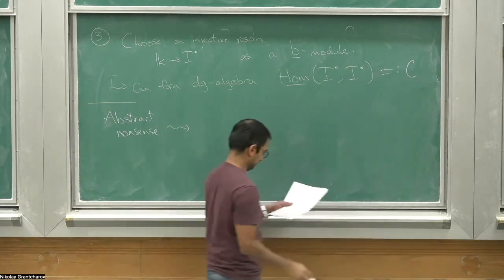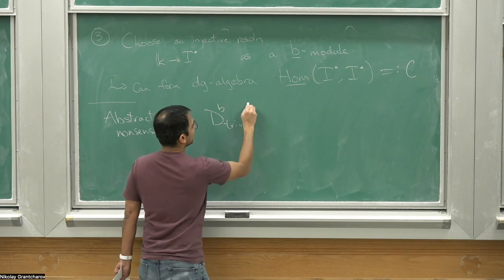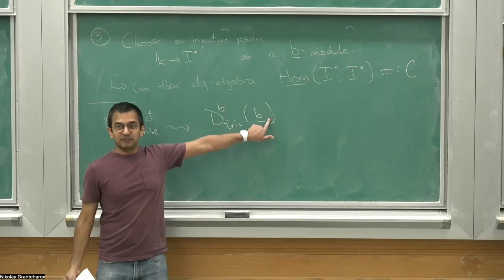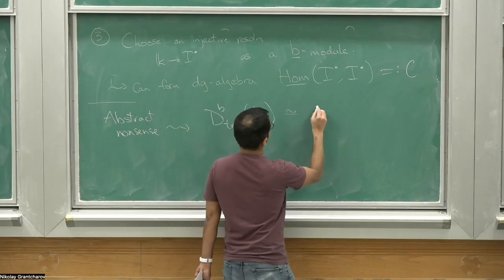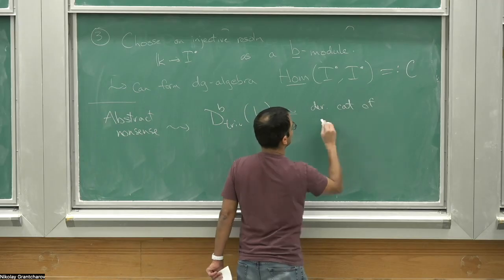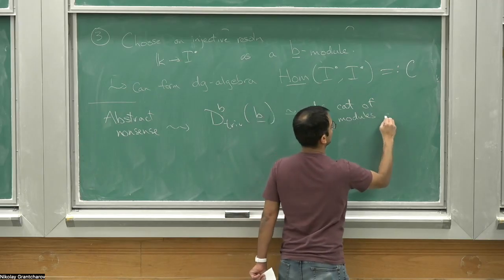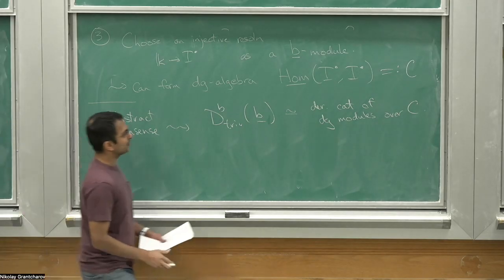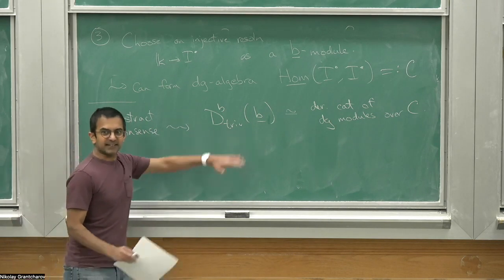I'm going to call it C. By abstract nonsense, you can show that D^b triv of, not the thing we actually want, but lowercase b instead, is equivalent to some category like a derived category of DG modules over C. And you have to put in some finitely generated condition or something to make it match the D here. But this is not the thing we want.